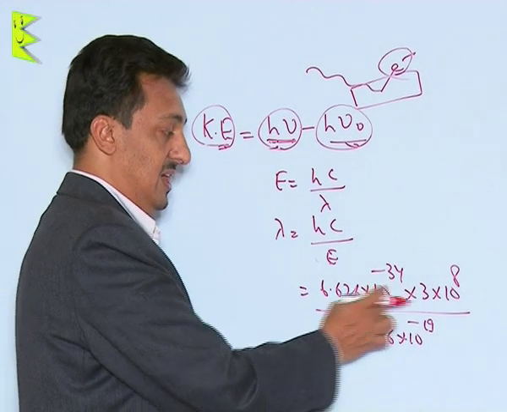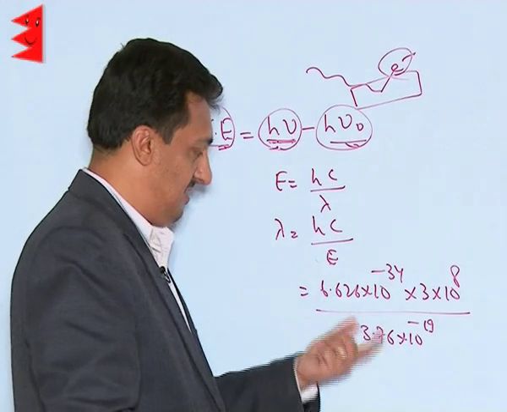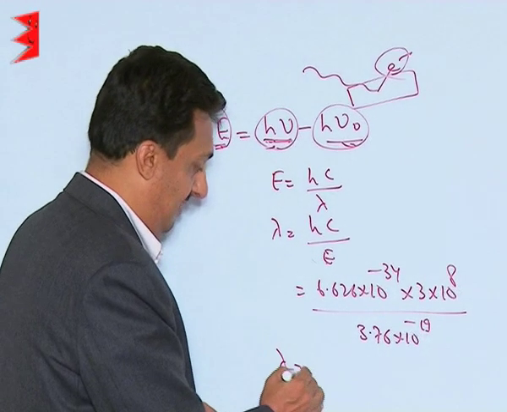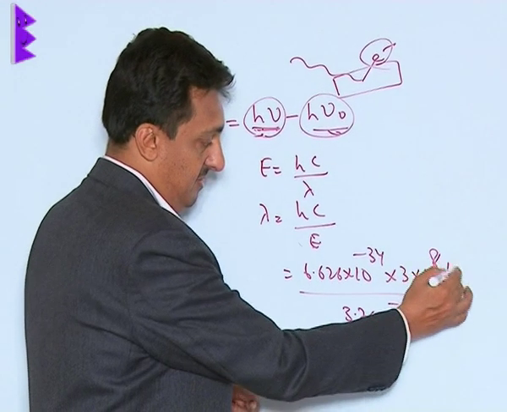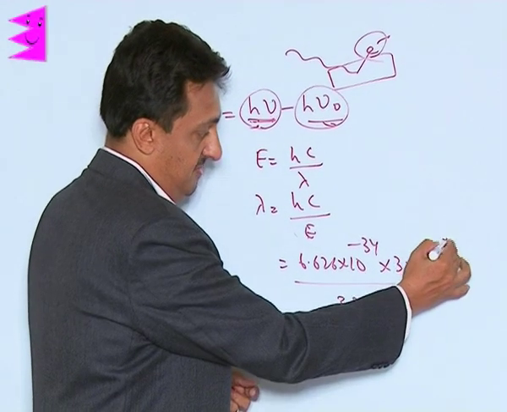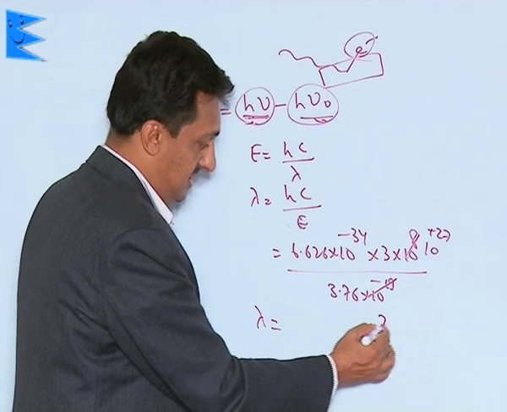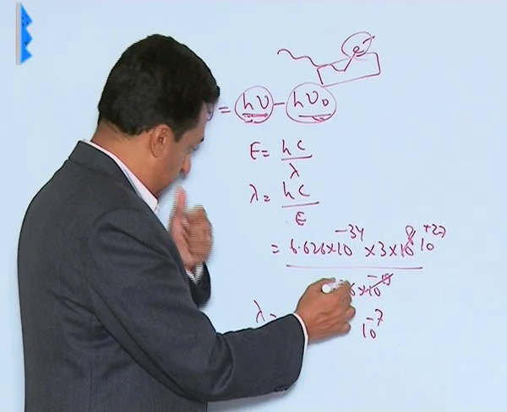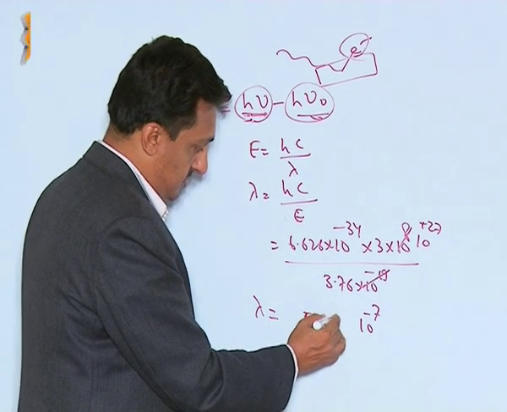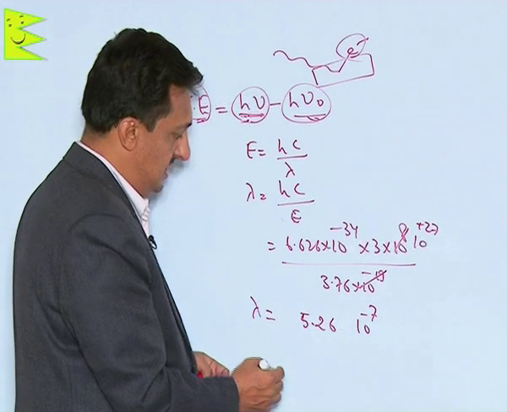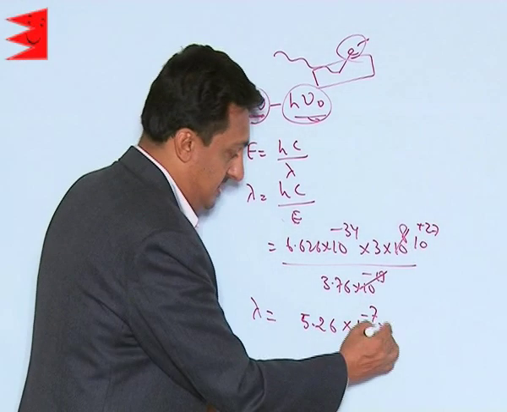So h is in joule second, c is in meters per second, and E is in joules, so everything gets cancelled and we get the wavelength. Minus 19 with plus 27 will make it 10 to the power minus 7, and this can be worked out as 5.26. So this is 5.26 into 10 to the power minus 17 meters.